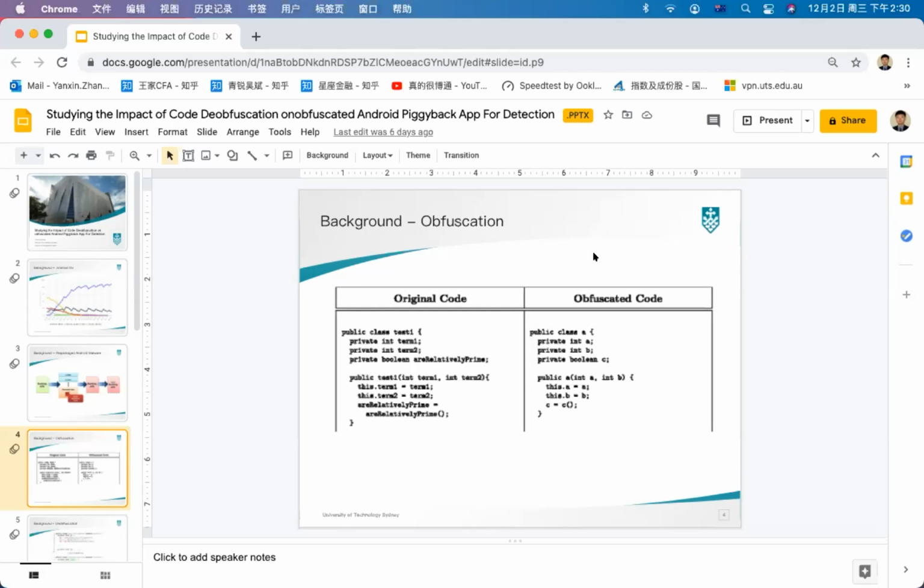After obfuscation, the class names or method names are changed from meaningful terms into meaningless terms, right? So basically, it is a reorganization or reprocessing of the released programs, and it changes the original program into a new one.